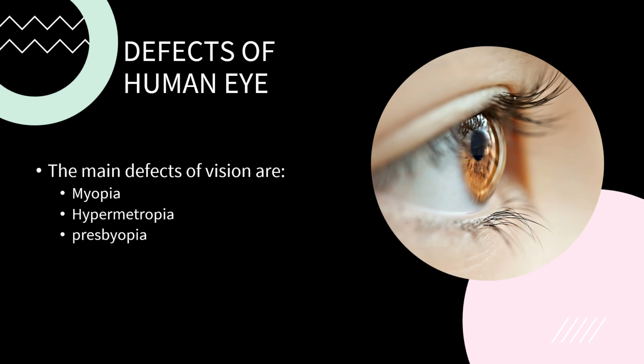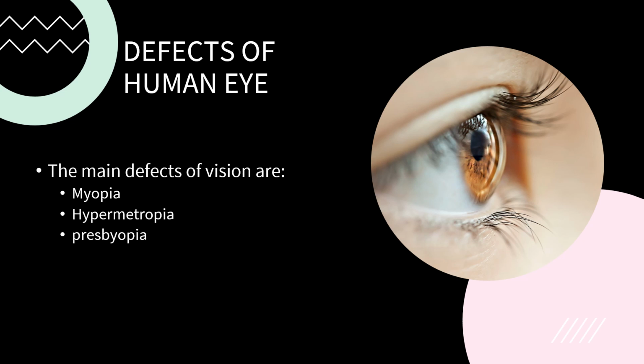Now let's discuss about the defects of human eye. First is myopia, also known as short-sightedness. In this defect, a person can see nearby objects but cannot see distant objects clearly. In this case, the image is formed before the retina and not on the retina. The cause of myopia is that a person with this defect has a far point nearer than infinity.